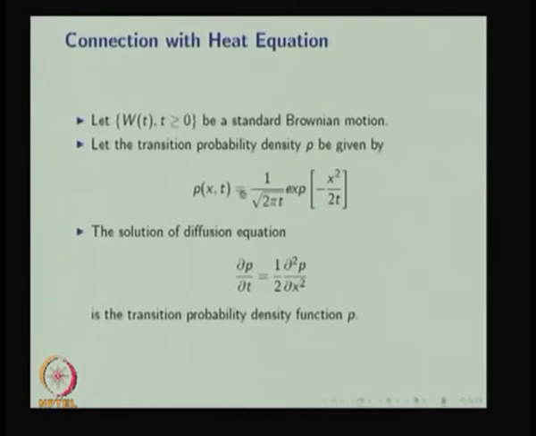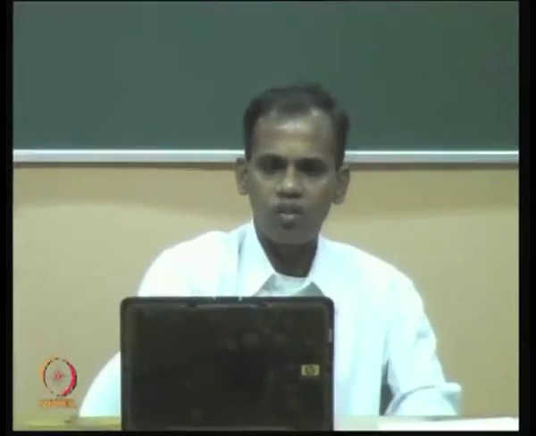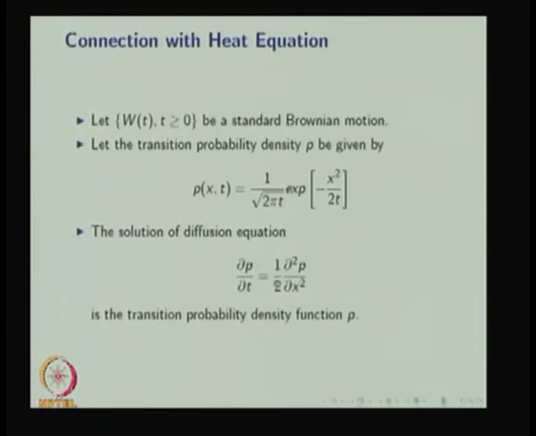This is the probability density function of a normally distributed random variable with mean 0 and variance t. And the corresponding diffusion equation is dou p by dou t is equal to 1 by 2 dou square p by dou x square.